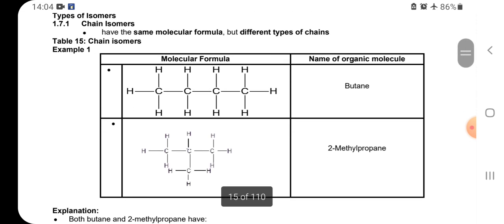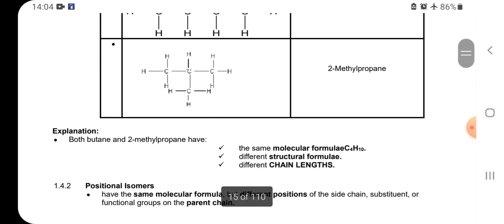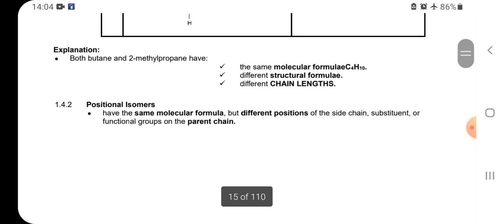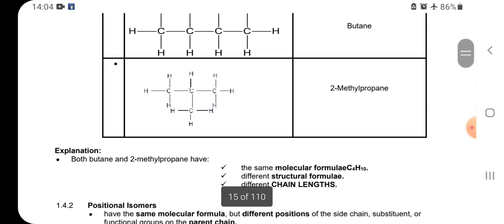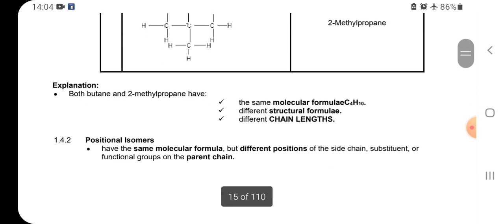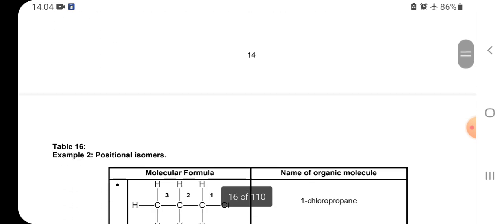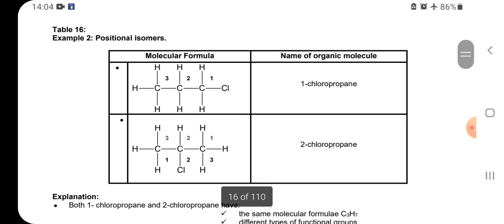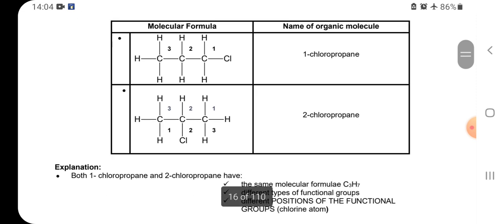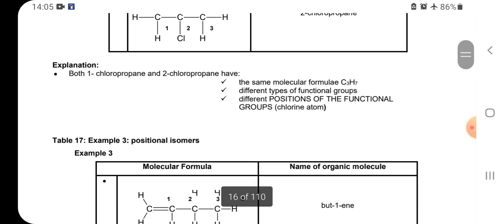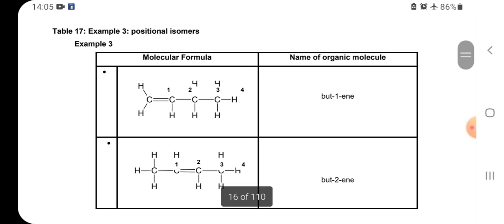For chain isomers, we have butane and methylpropane, and those are the explanations there. And then we also have position isomers, those are our 2 position isomers. What the name ends with will tell you what homologous series it is.